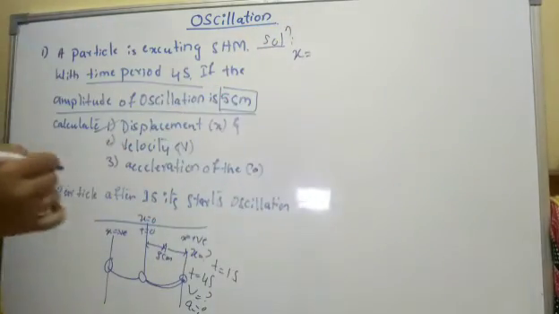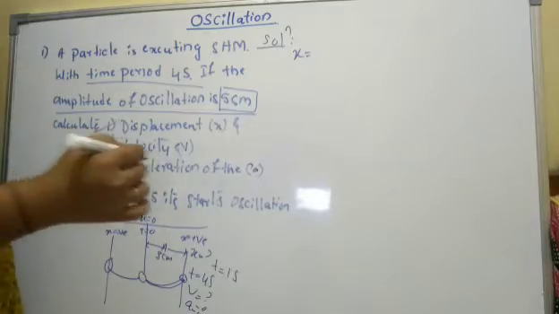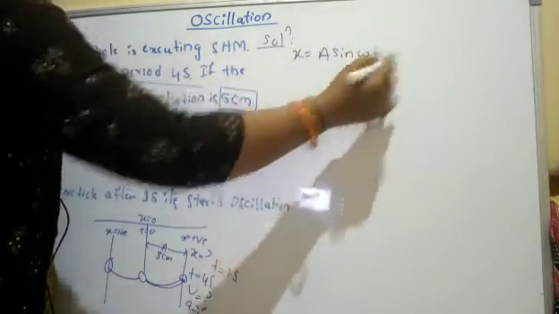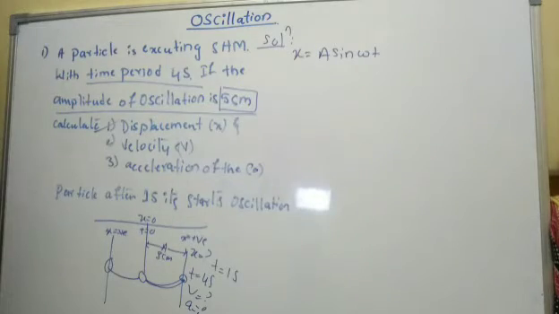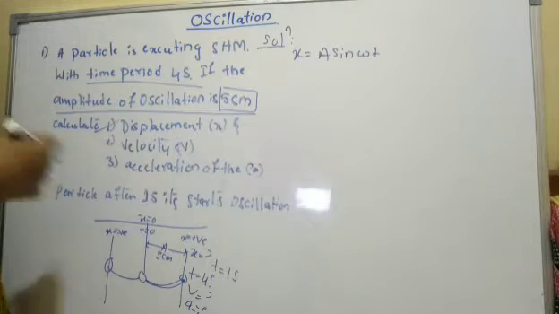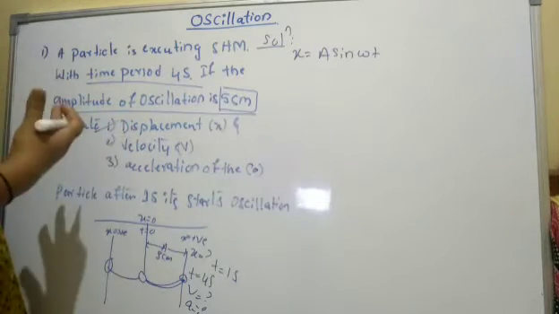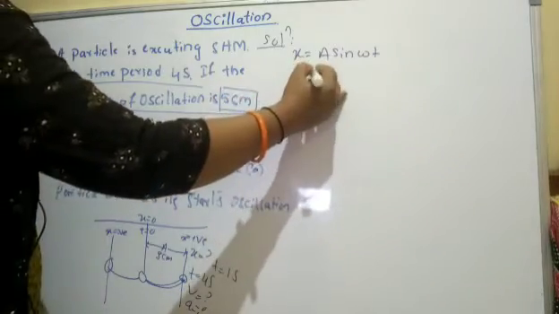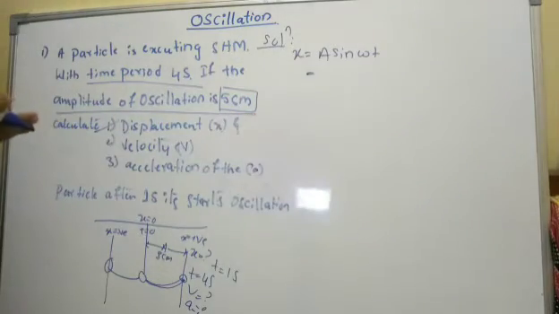x is equal to a sin omega t. This is one of the general equations where the particle is moving from the mean position to the extreme position, either the positive side or the negative side, but it is not clearly prescribed which side it is moving.